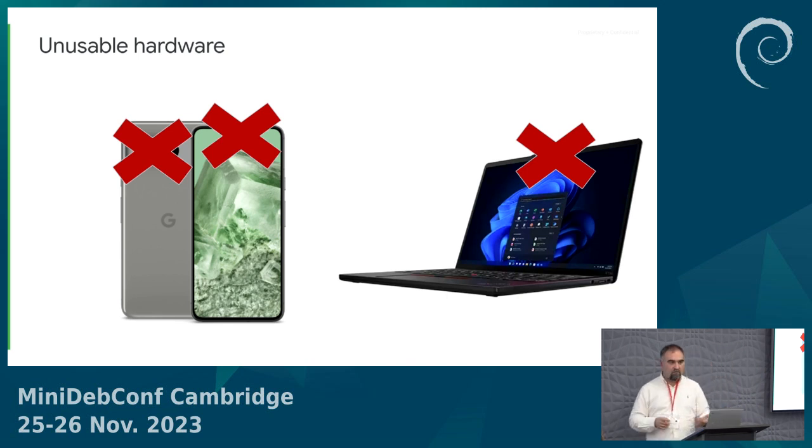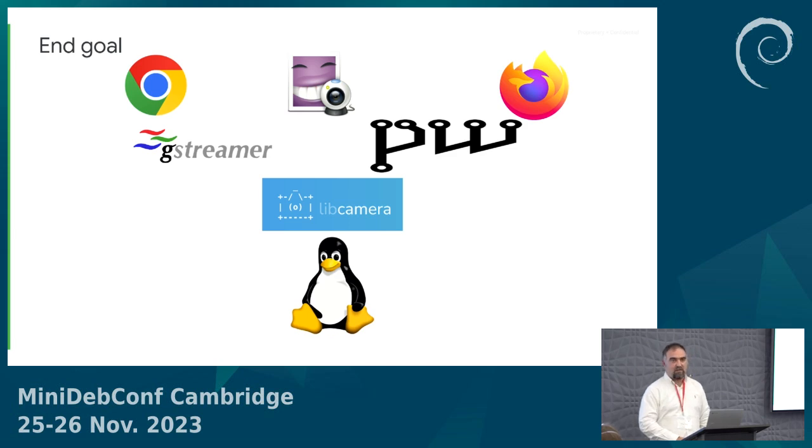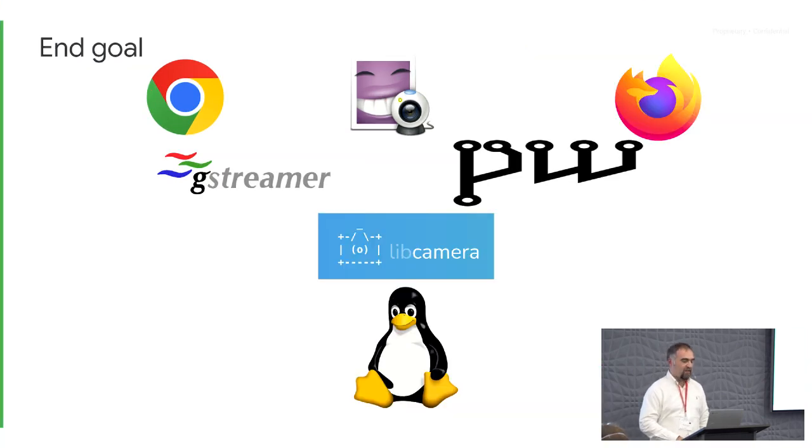It only works because I can do video conferencing. And yeah, we can tell them to buy a USB camera, but again, it's hardware they have paid for. I want a Debian that supports as much hardware as possible. So, the proposal. This is the final goal. This is how we want everything to look.